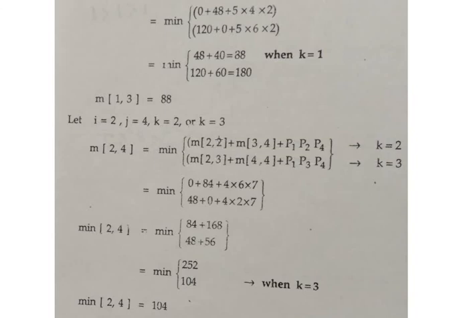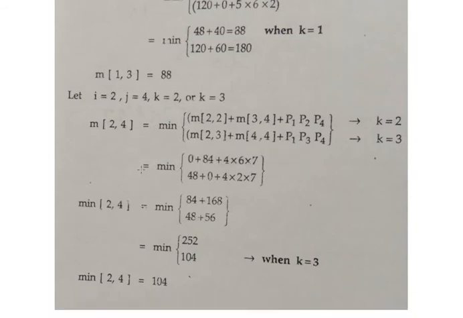So for m of 2, 4, first you find with k equal to 2, and next you find the value with k equal to 3, and you find the minimum of k equal to 2 and 3. You find the minimum value of m of 2, 4, and the final minimum value is 104, which means k equal to 3.